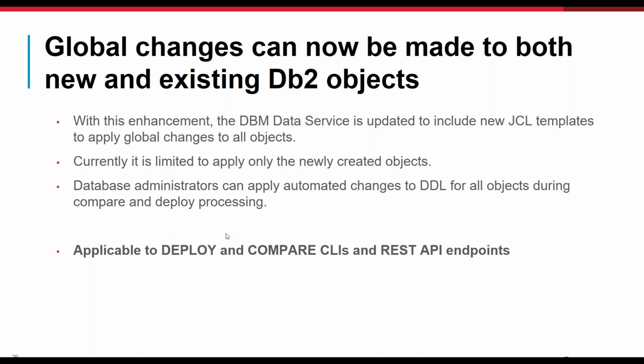The existing template, which was previously supported, is not negatively impacted. So as a customer, if I am fine with the existing template, I can still use that. That existing processing is limited to applying only to newly created objects. Now database administrators can apply the automated changes to DDL for all object types during compare and deploy processing, applicable for the deploy and compare CLIs and the appropriate REST API endpoints.